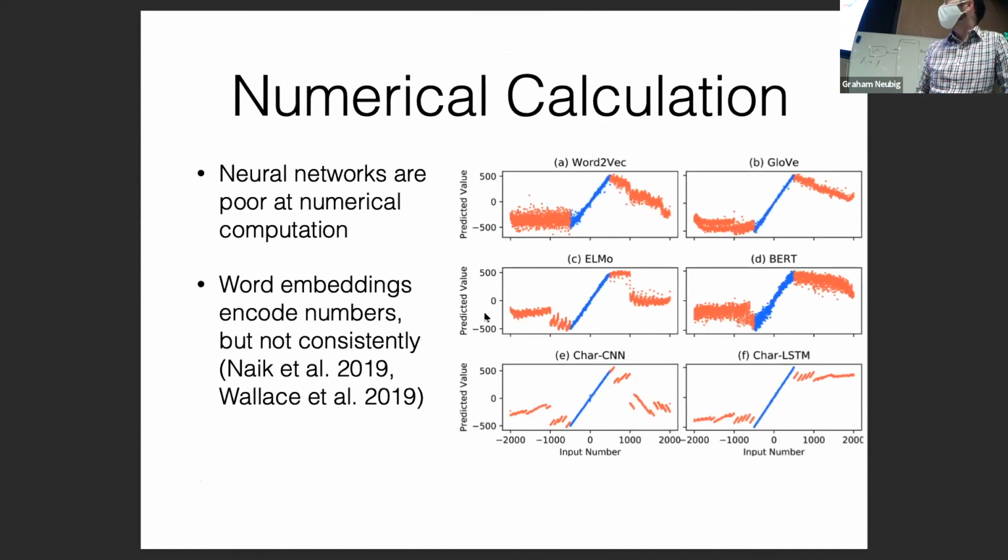Here's another example, a numerical computation. This is a figure from one of these two papers, I think maybe the Wallace paper, where they trained a regressor that would regress from various types of neural embeddings to numbers. They trained it on the numbers between, I believe, minus 500 and 500.